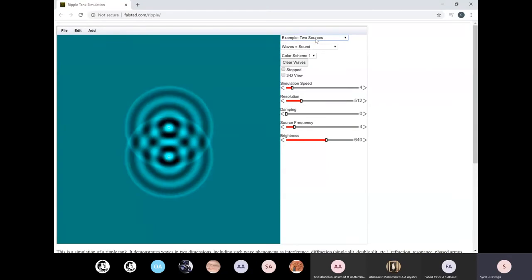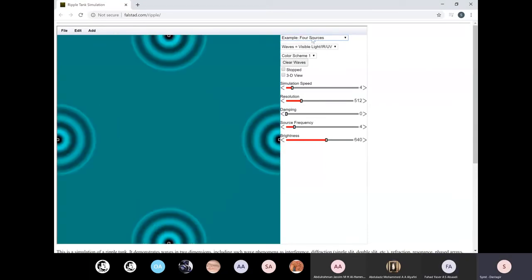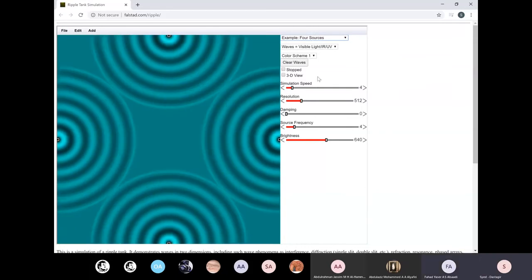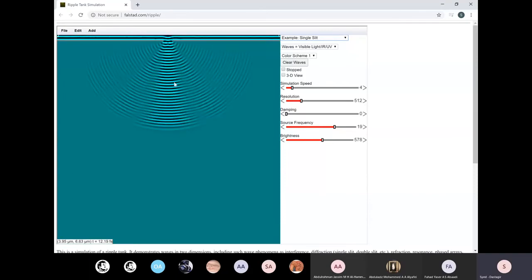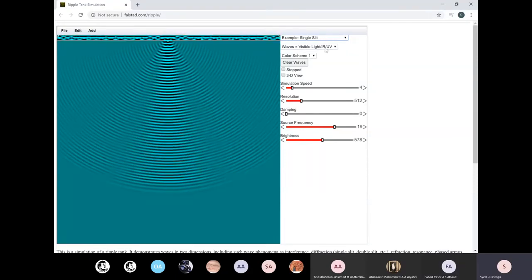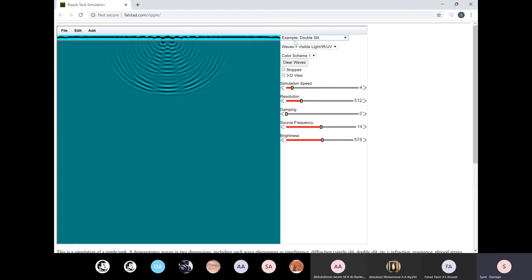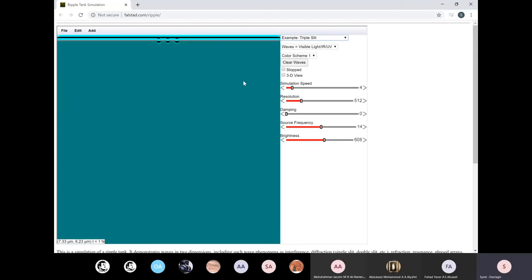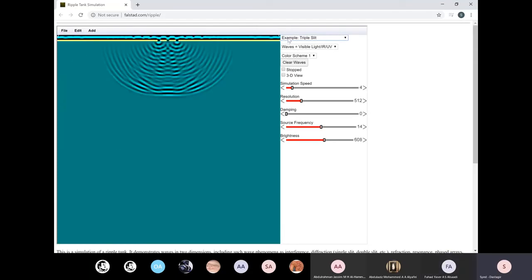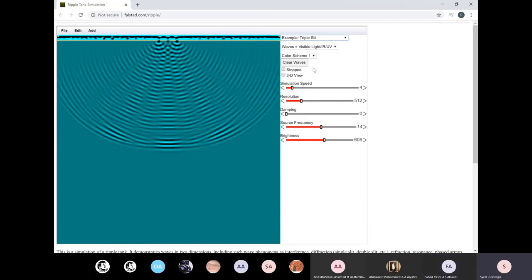As you can see, you can have four waves coming together. This is diffraction, what we learned today, through a small gap. Double slit, so two gaps. Triple slit. So you can see all the different types of waves and their variations.